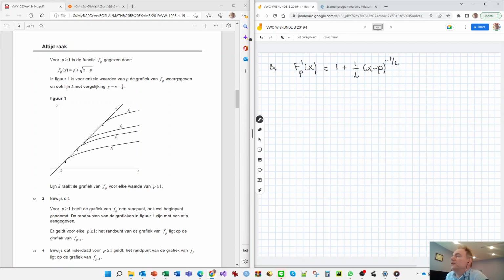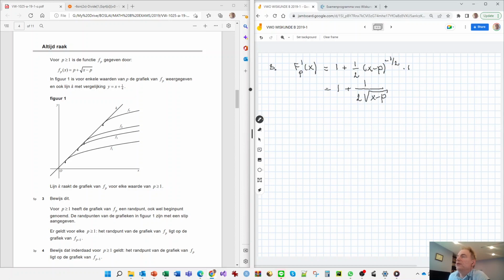And with the chain rule, you need to do the derivative of x minus p, but that's just 1. So we get 1 plus 2 divided by the square root of x minus p.